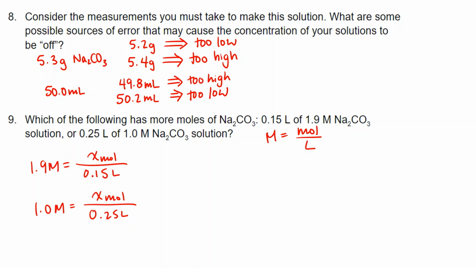So we can go ahead and solve for the number of moles that are present in both of these. This one is going to be 0.25 moles, and this one is going to be 1.9 times 0.15, which gives us 0.285. So which has more moles? It's the first one here.